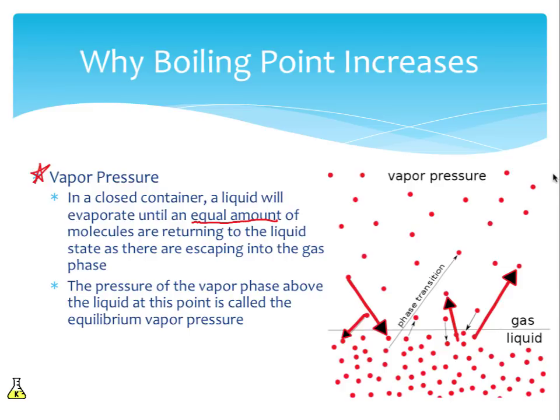And the pressure that that vapor exerts when we reach this equilibrium is what we refer to as our vapor pressure. Every gas has a unique vapor pressure associated with it, and those vapor pressures are often dependent on factors like temperature.